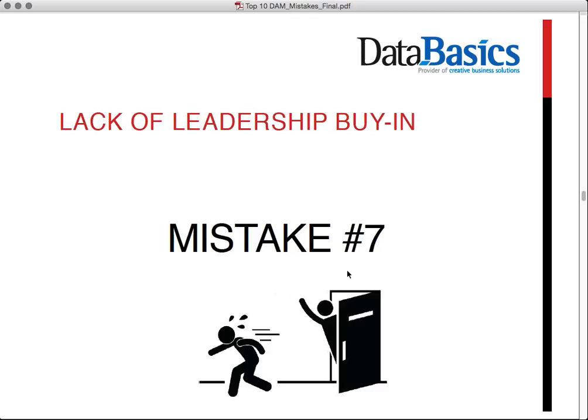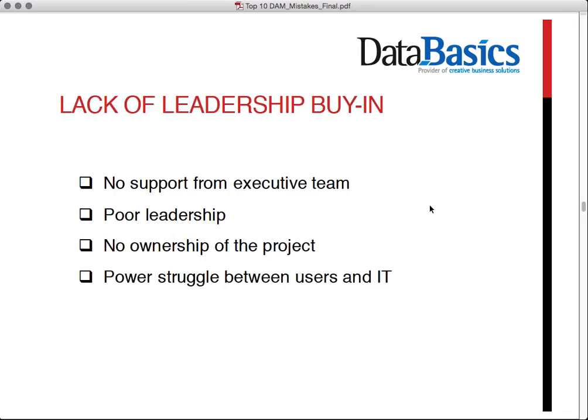Okay, now then, as said, I'm now going to move straight on to the seventh mistake. This is another general project mistake here. We had a lack of leadership buy-in, and here we are talking about the executive sponsorship of a project. We're not talking about the project manager. That was mistake number 5.